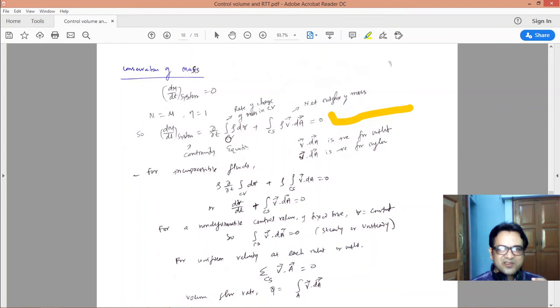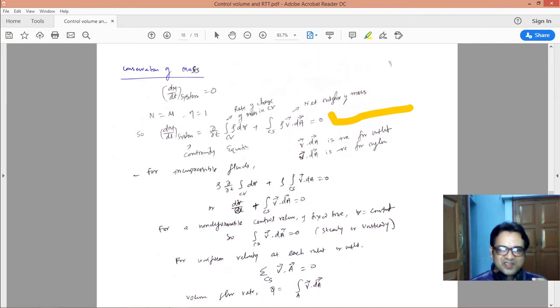So this is the continuity equation. For an incompressible flow, rho can be taken outside, so del by del t integration dV plus the surface integral of v dot dA equals 0.